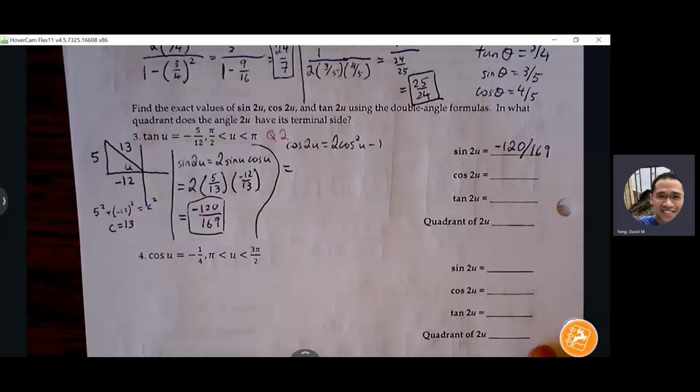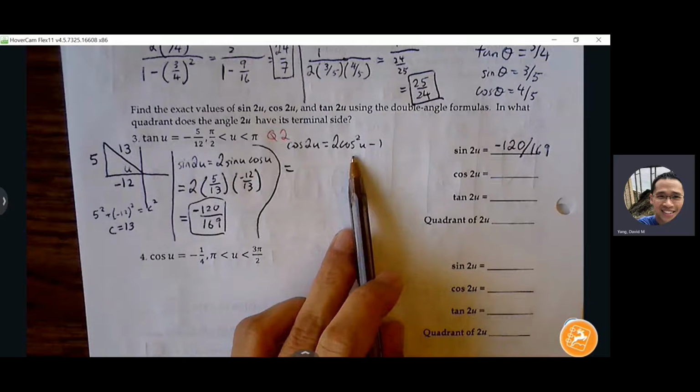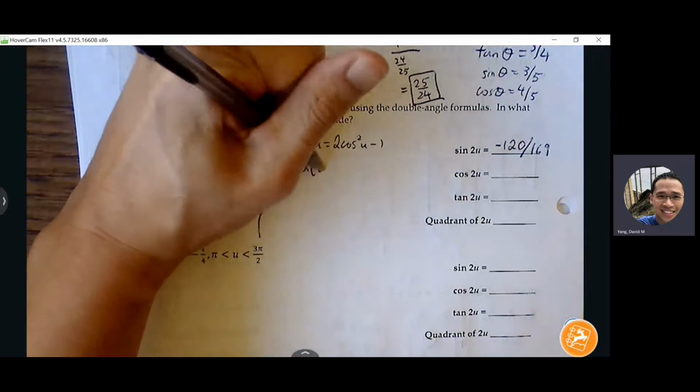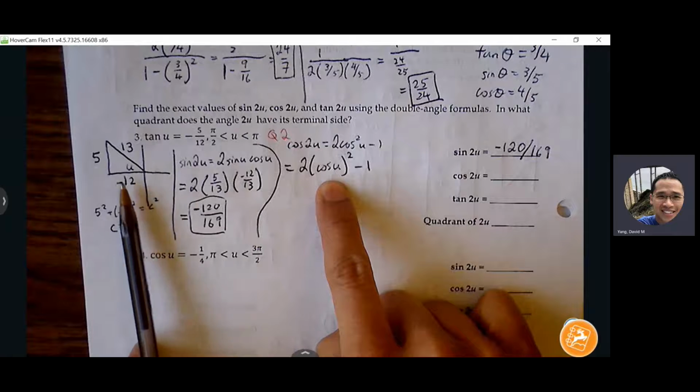Understand that cosine squared u means the entire cosine trig function is being squared. We already found cosine, right? Cosine is negative 12/13.